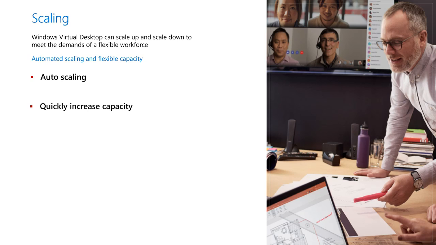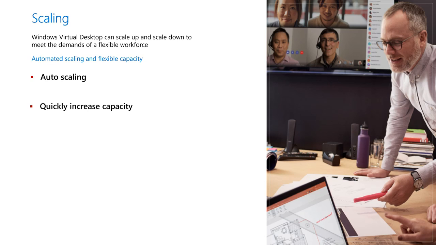Scaling is about turning existing desktops on and off, but businesses often have requirements for things like a new team, a project, or an initiative. And with Windows Virtual Desktop, it's really easy to quickly add this type of capacity to meet these demands of the business.